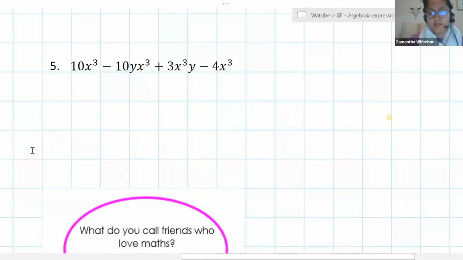Awesome. Well done. Okay. So let's have a see at this question 5. Now, what I want you to be careful of when we look at this question 5 is remember like terms are terms that have the same variables and the same exponents. So my first question, how many terms are in this expression?